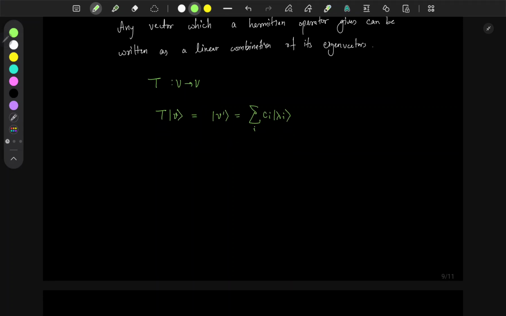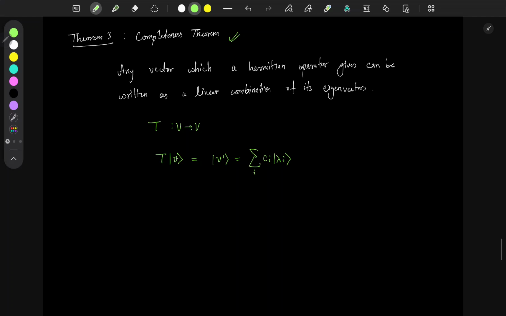Now this completeness theorem can be summarized in a single expression, and that is the identity operator on V can be written as this.